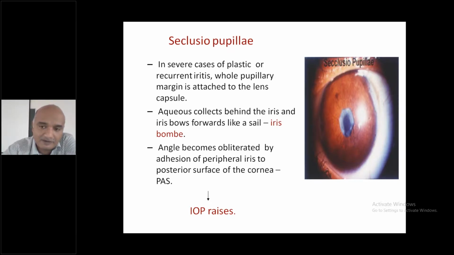The iris takes the form of a hump, swelling forward 360 degrees, which shallows the anterior chamber. So this is called as iris bombé. When there is shallowing of the anterior chamber, it blocks the trabecular meshwork, which can lead to raised intraocular pressure. All this problem is generated because of 360 degrees posterior synechiae. The complete pupil is adhered to the anterior capsule of the lens 360 degrees.